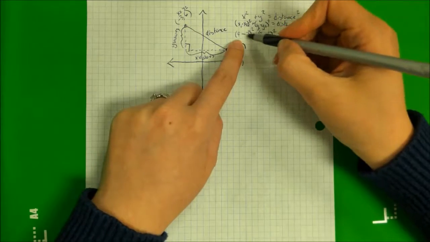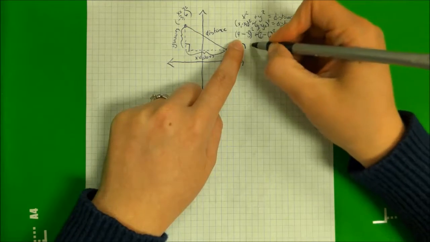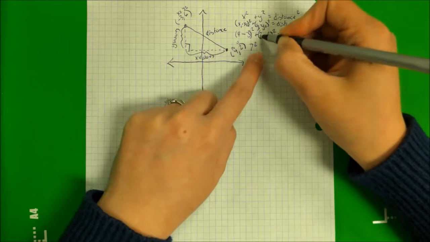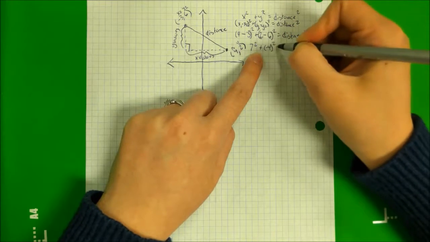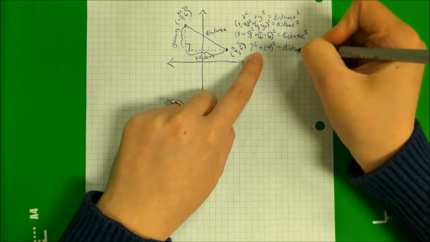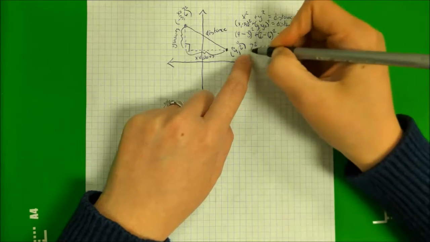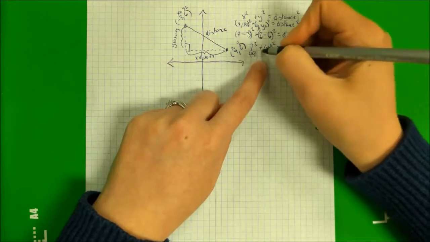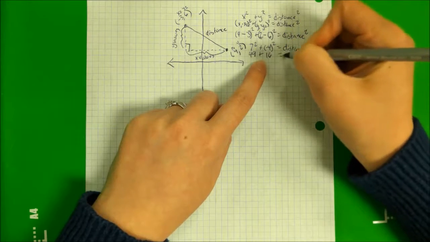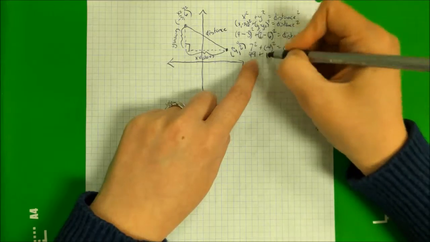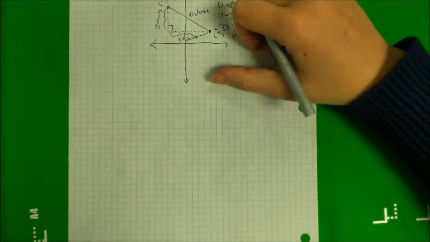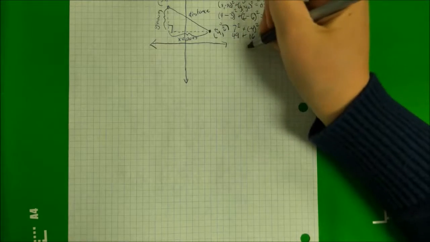Okay, so 4 minus negative 3 is 7 squared. 2 minus 6 is negative 4 squared. That's my distance squared. So 7 squared is 49. Negative 4 squared is 16. So 49 plus 16 is 65.